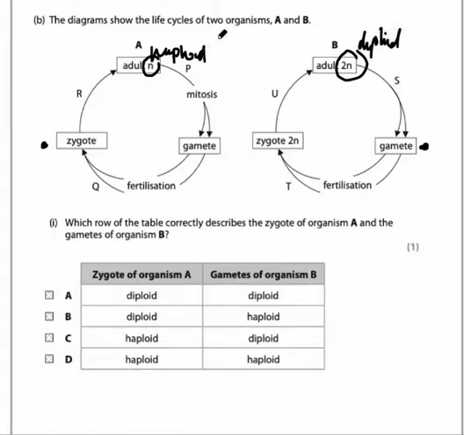And so haploid means it has half the number of a full set of chromosomes, and diploid means it has the full set of chromosomes. So that's why we have N over here. You have N, meaning half, and 2N meaning 2 of N, so a full set of chromosomes.